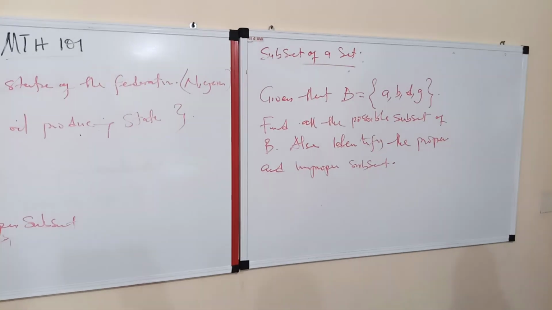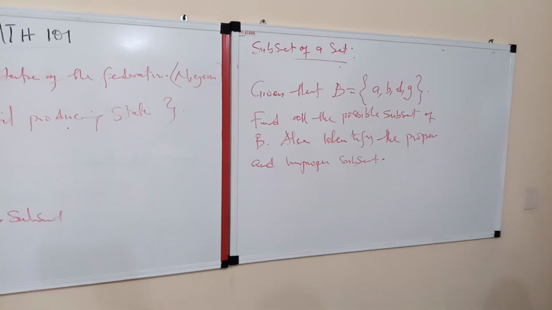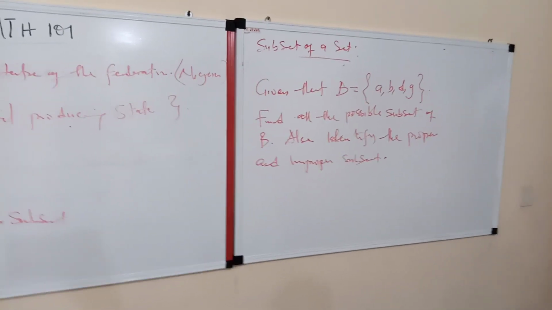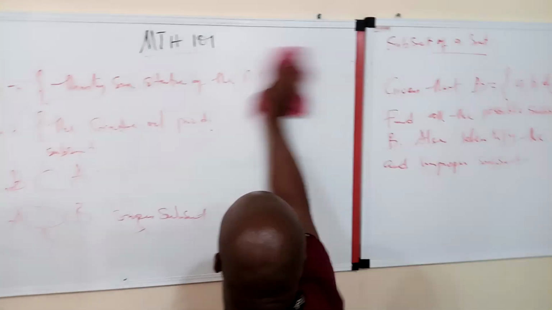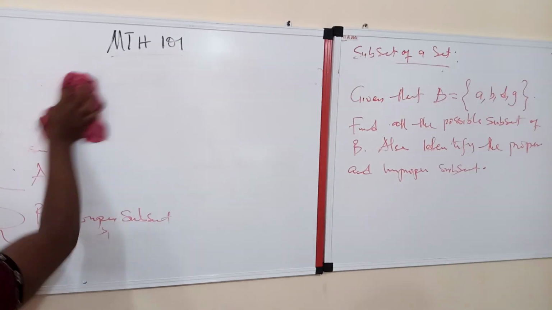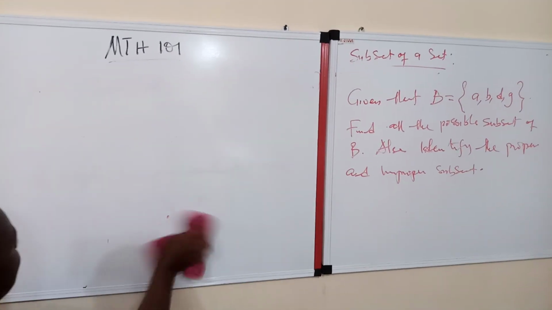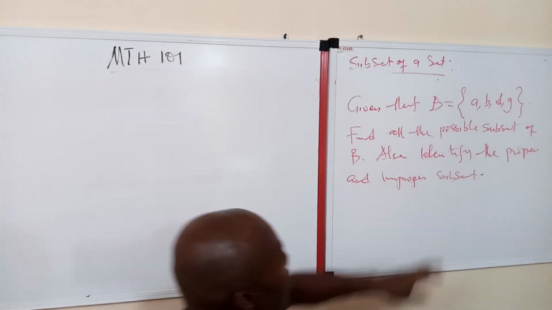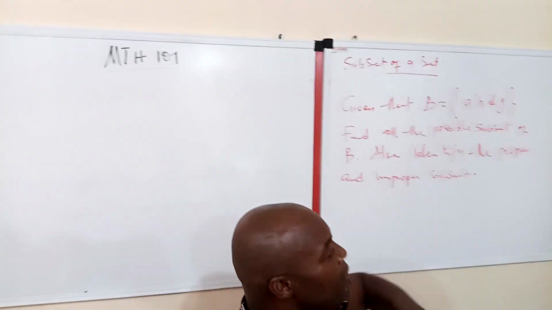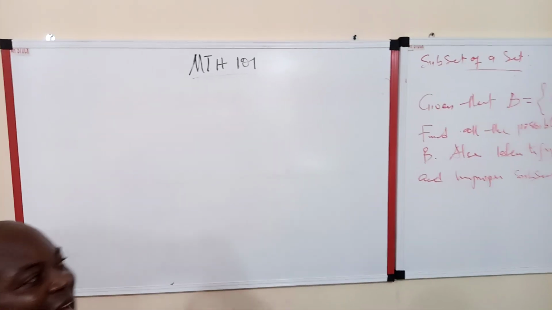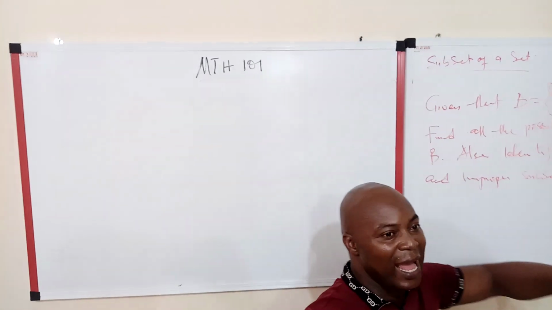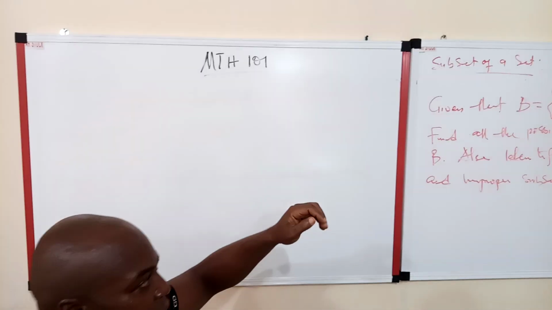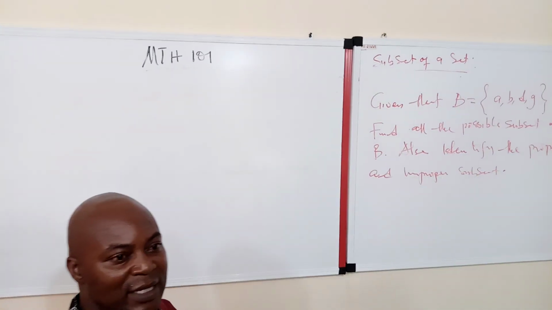Now, this is a good question that will answer most of the things that we have talked about. We are talking about subsets, and for it to be a subset, it means that all the elements in the subset are contained in the other set.